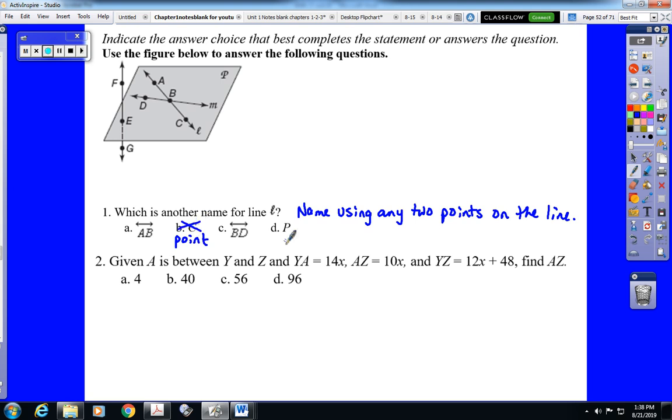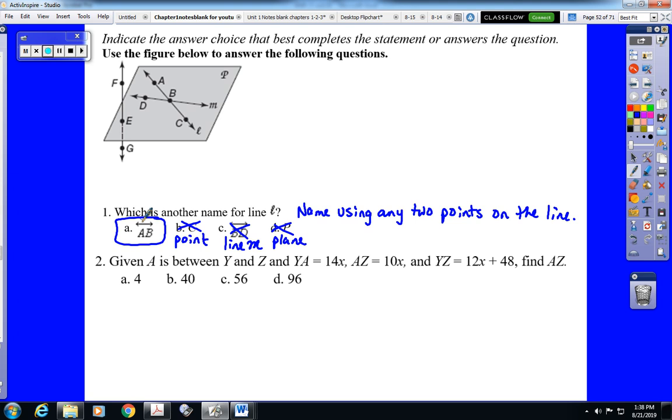And P is actually the name of the plane, not the line, so that's eliminated. So right off the bat, we're down to BD and AB. BD is actually line M, which is not line L, so that would also be eliminated. The only name there that's appropriate for line L is line AB.